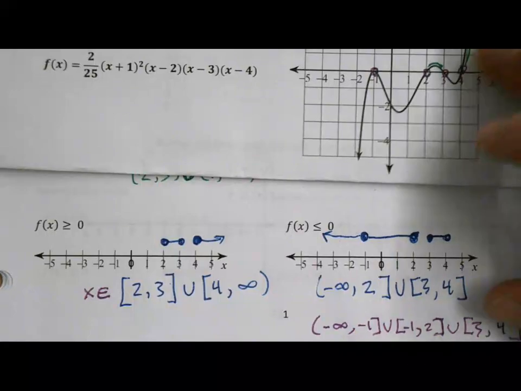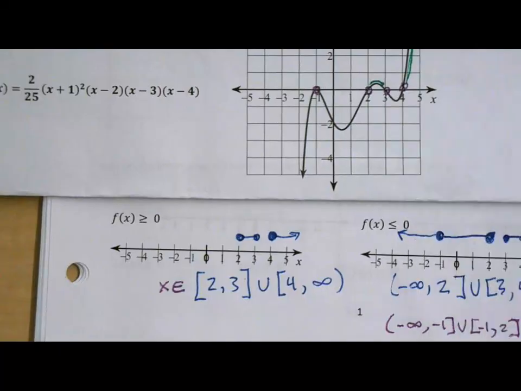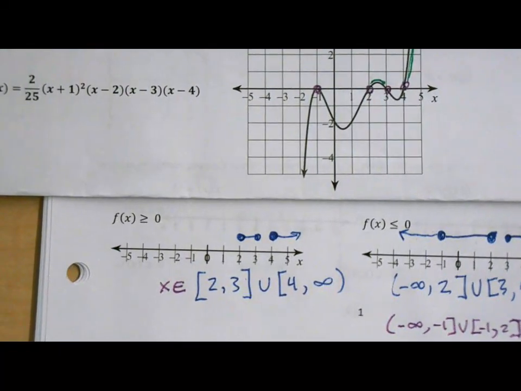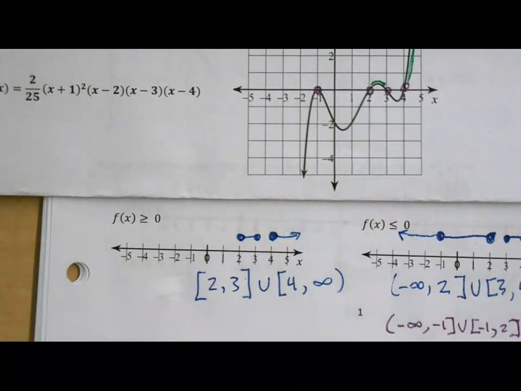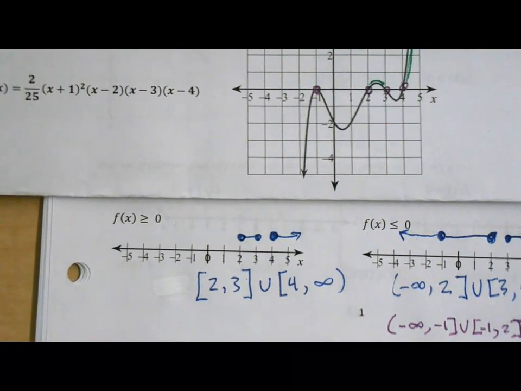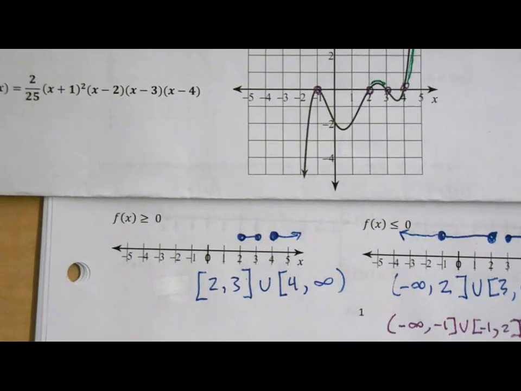Other questions? Can somebody ask a question about the mistake that I made at the bottom of the page on the other side? What did I miss? There is an x value that I left off. What is the x value that I left off that should be part of this solution? -1 should be in there too, right?